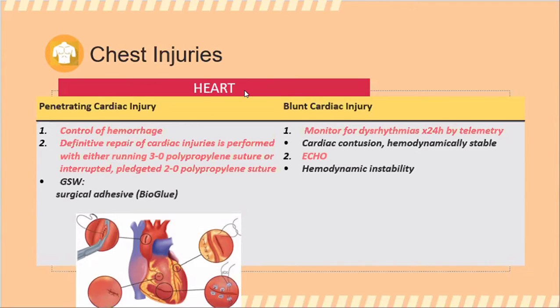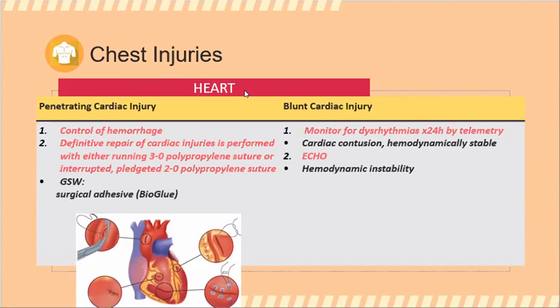With cardiac ultrasound, you can see if there's impending pericardial effusion. You can check the function of your valves, and you can also see if the contractility of your heart is proper.